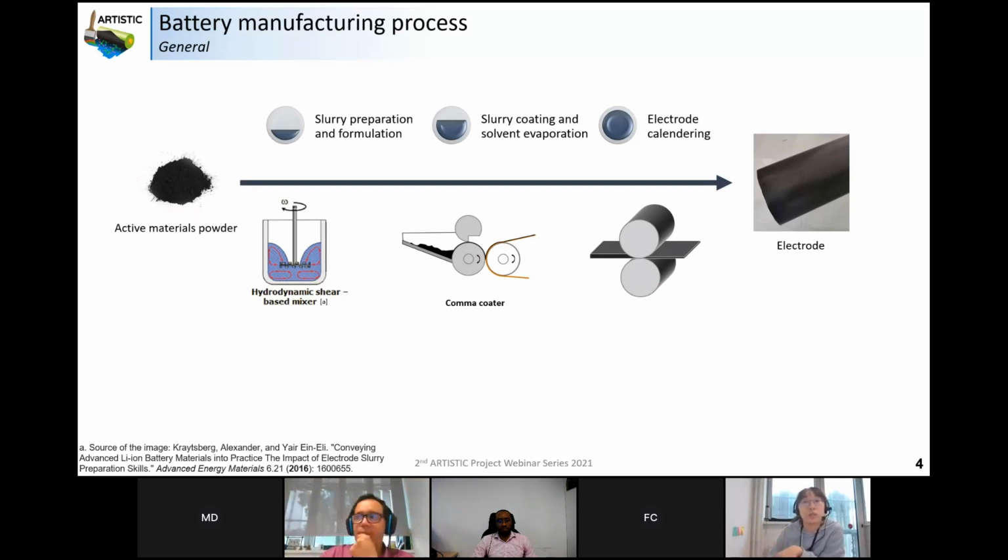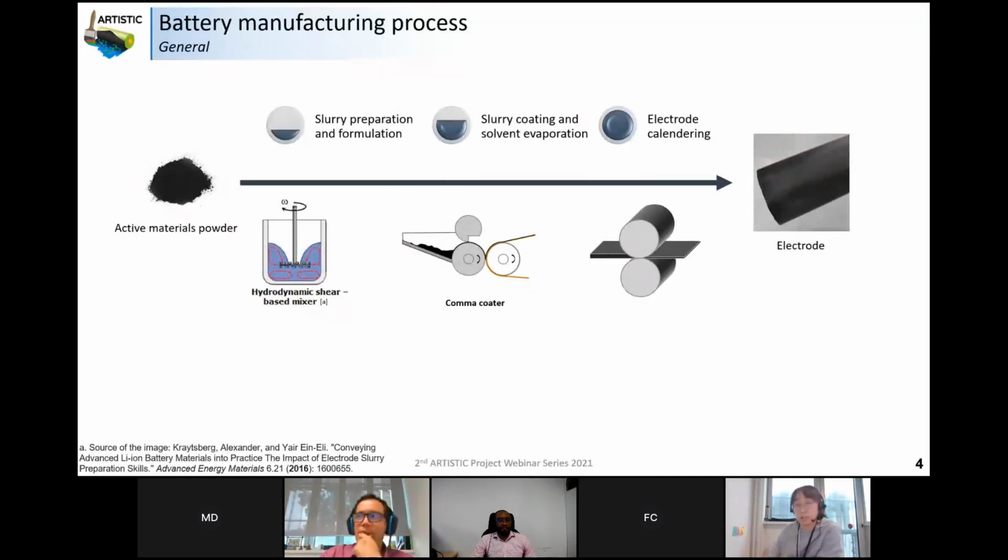Then the electrode will be calendered. The shape and the position of the particles will be changed and reorganized under a certain pressure and temperature. Before and after the calendering process, the mass and the thickness of the electrode should be measured for studying the geometry and the properties.